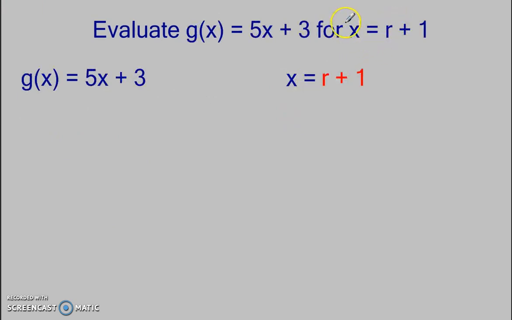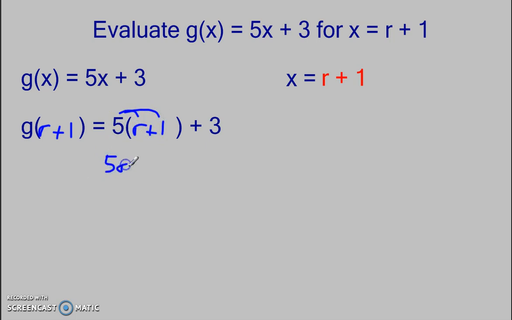If I have x is r plus 1, suddenly we have an expression. We do the same thing. We replace x with r plus 1, and then we evaluate. We have to do the distributive property here. That gives me 5r plus 5 plus 3.